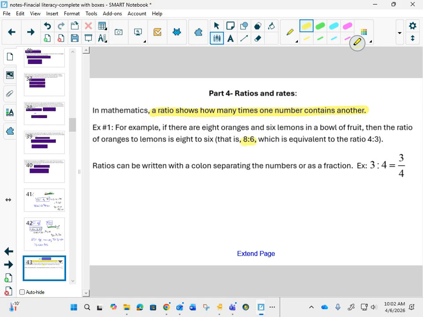This means 8 to 6. And that is just like a fraction equivalent to 4 to 3. For every 4 oranges, there's 3 lemons. If you doubled it, that would mean 8 oranges would have 6 lemons. If that ratio continued, 12 oranges would have 9 lemons.